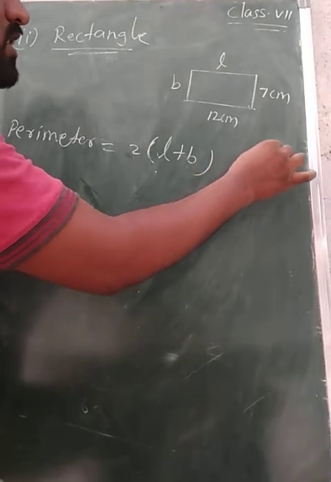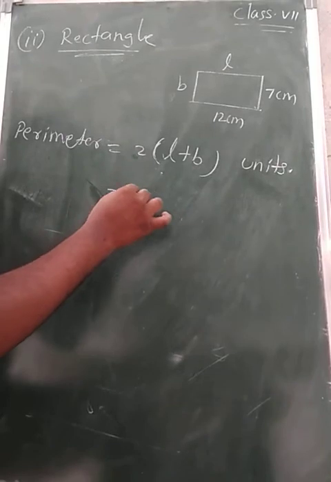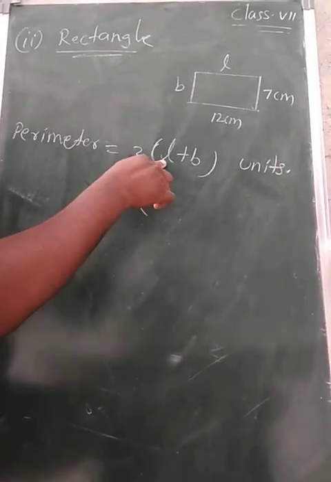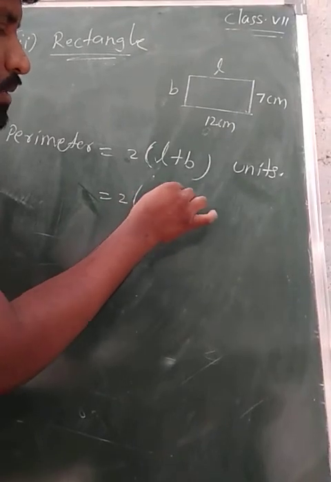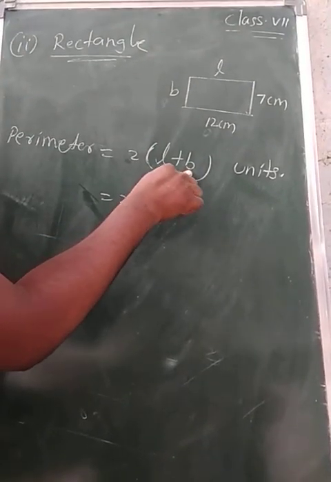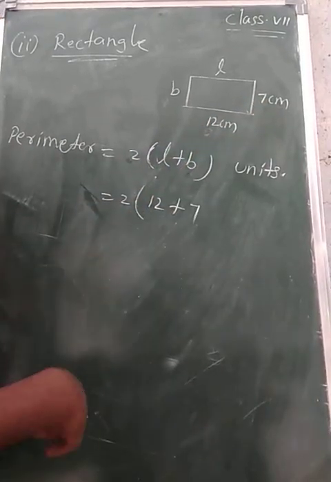Just units. Okay now. See now. 2, I am writing 2 only. Length means, what is the length of a rectangle? That is 12 centimeters. Plus B means breadth of a rectangle. What is the breadth of a rectangle? That is 7 centimeters.